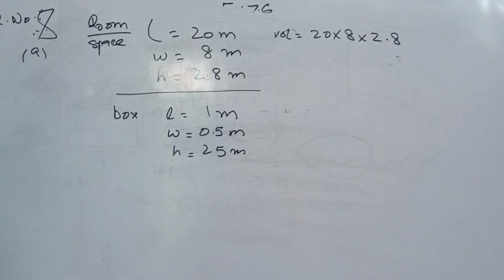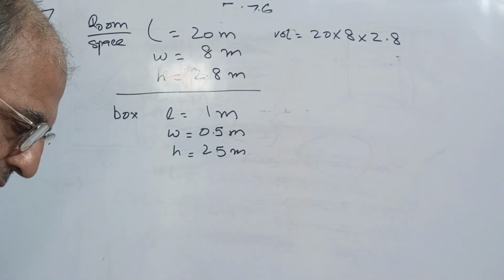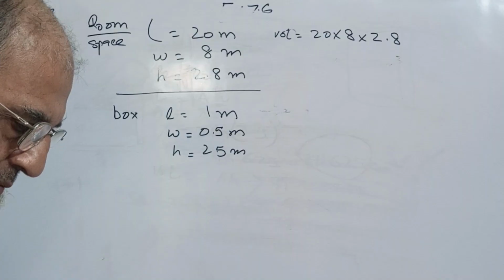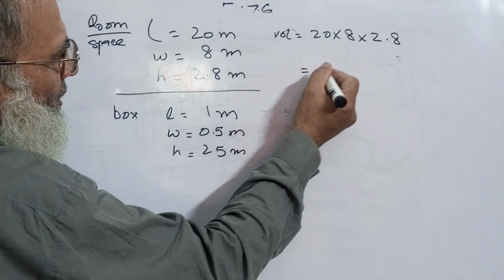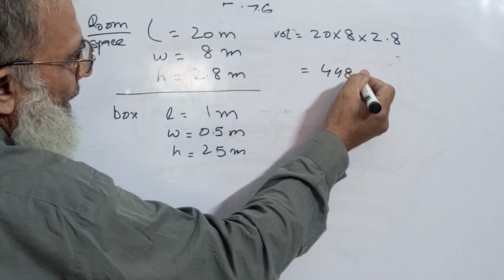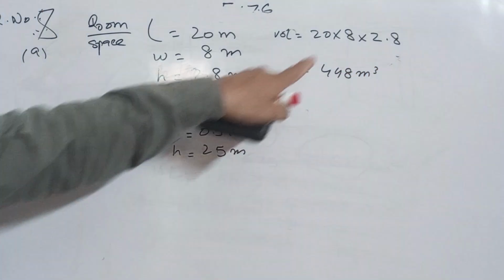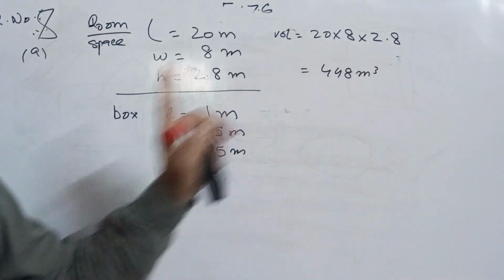So it is 160 multiplied by 2.8, which is 448. Now this is 448 meter cube.